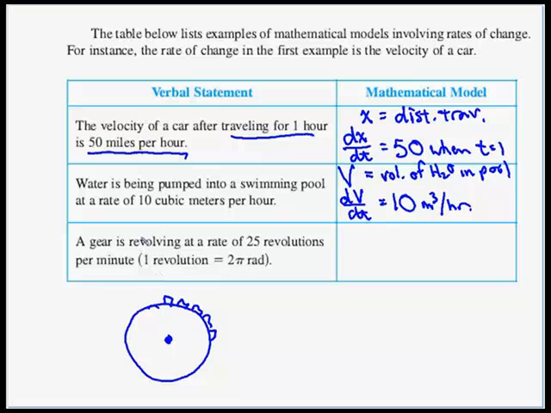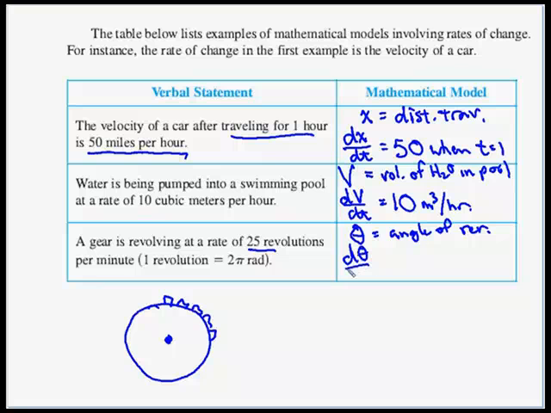So what are we talking about here? What is changing? What's our variable? Well, it's an angle. So let's use theta. Theta is our angle of revolution. And they do give us a rate of change. It's revolving at 25 revolutions per minute.